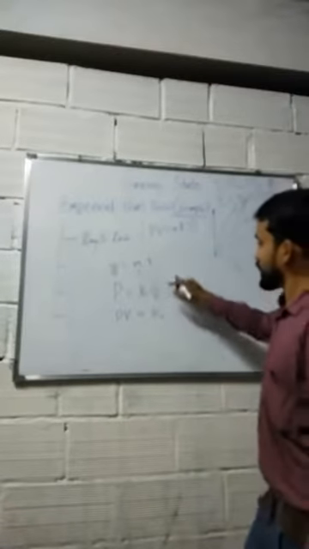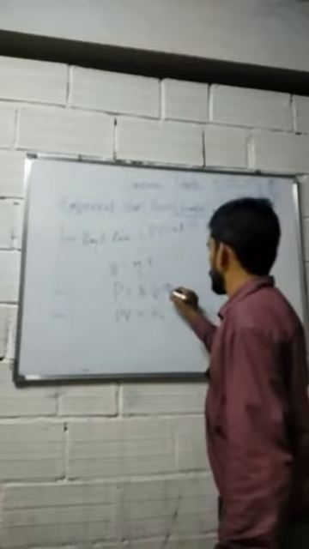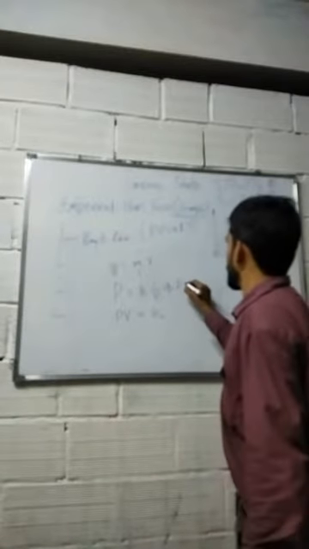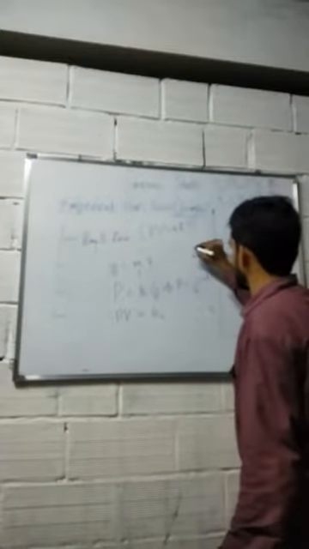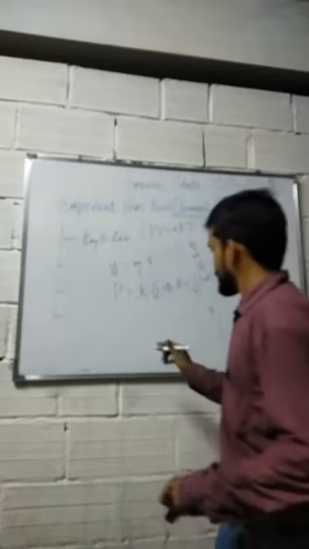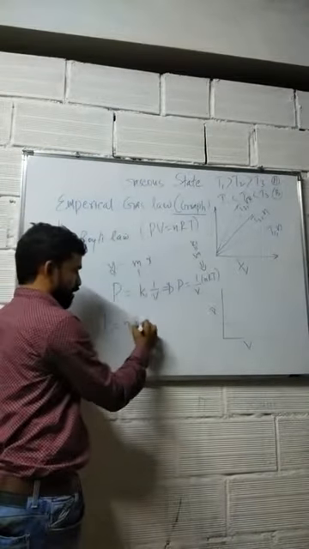So you rearrange this equation. So you can say that P is equal to nRT into 1 by V. So this is your m, that is equal to K1. That is, K1 is equal to nRT.